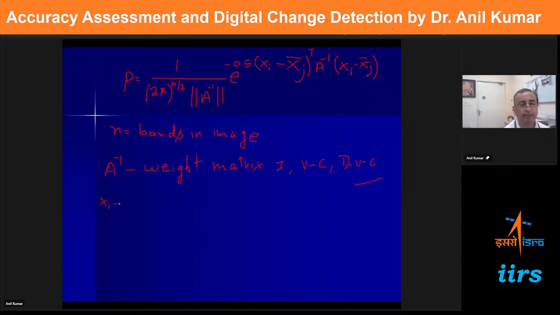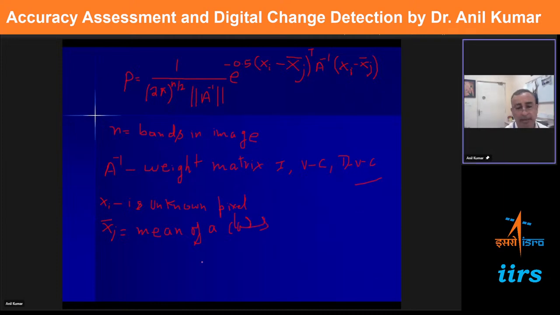Xi is the unknown pixel, and x bar j is the mean of a class.